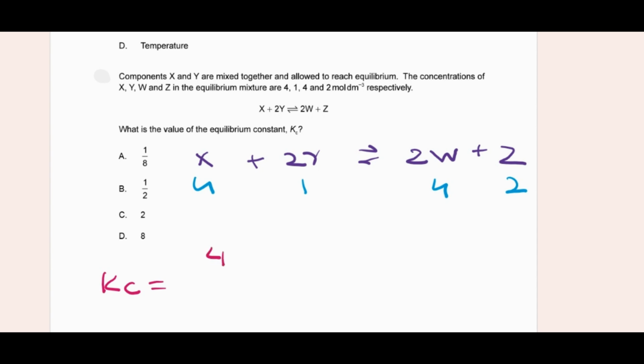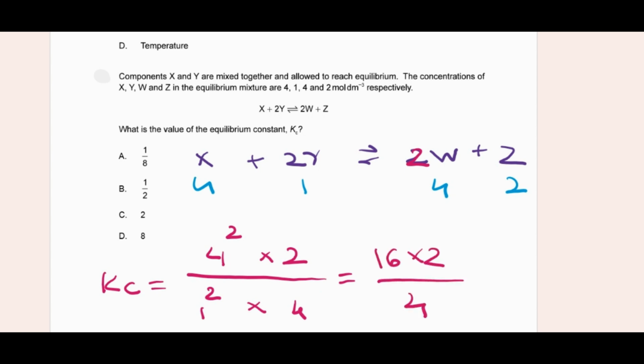So that will be 4 to the power of 2, because we've got this 2 there, times 2 to the power of 1, over 1 to the power of 2 times 4 to the power of 1. So of course we can take the 1's away. That will leave us with 16 times 2 divided by 4. That's 32 divided by 4. So that is 8, which is D.